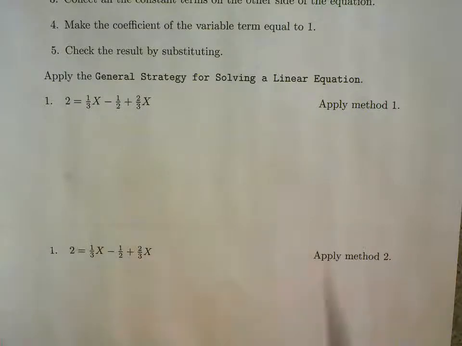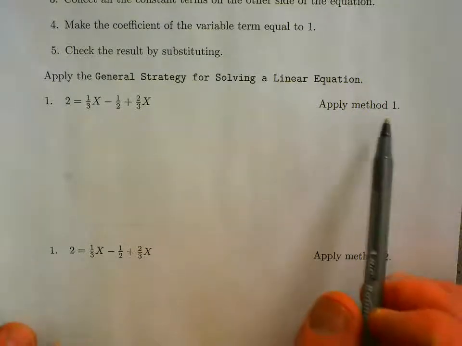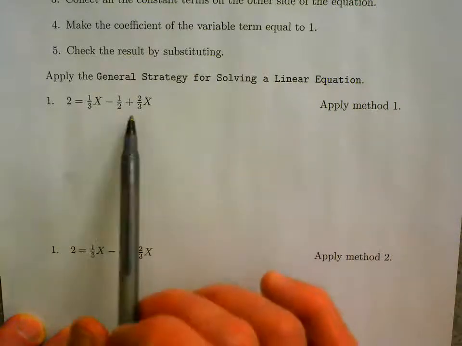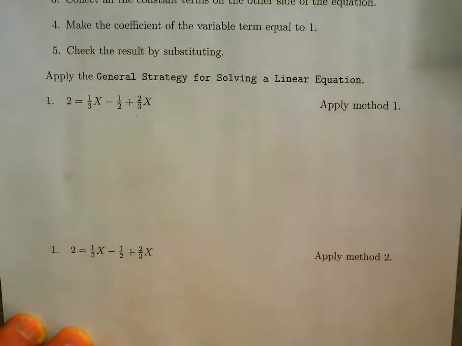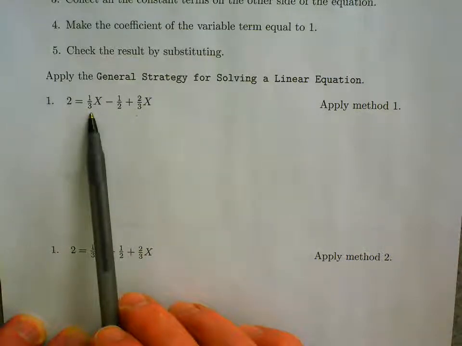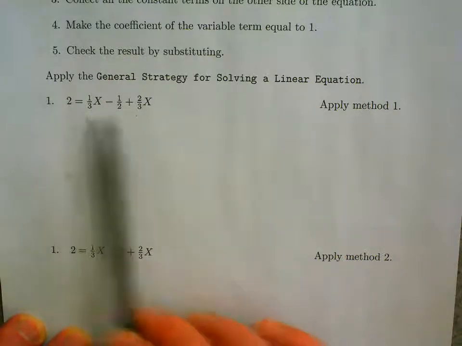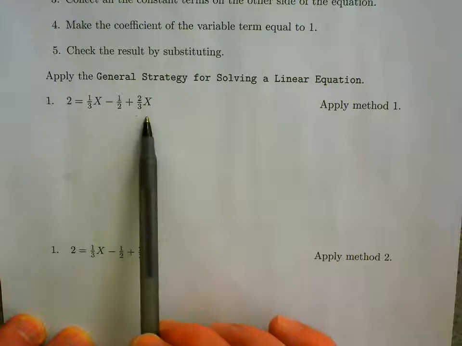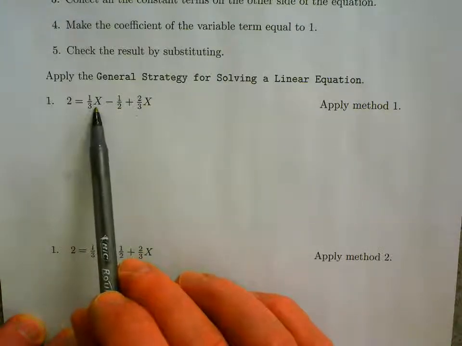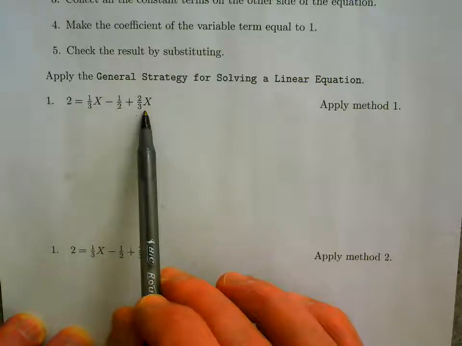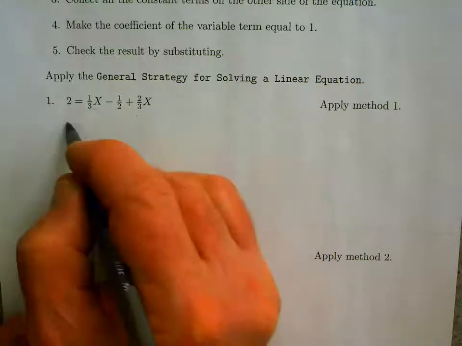So the first method is just to follow the general strategy pretty much word for word. So we can simplify the right-hand side of this by combining the like terms, 1/3 x plus 2/3 x. So let's simplify the right-hand side.